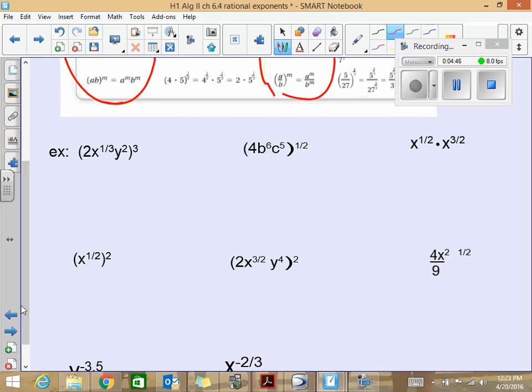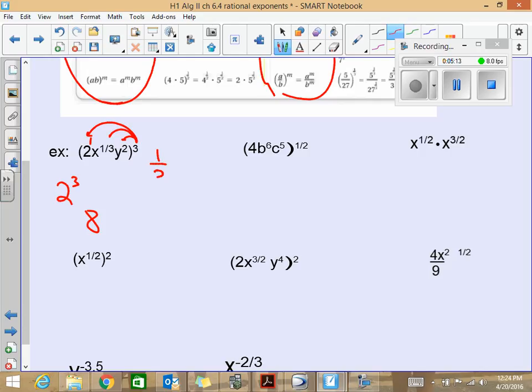For example, this first one is power to a power. Using exponent rules, we're basically going to distribute that 3, that power. First we think of that as 2 to the first, so it becomes 2 to the third, which is 8. Now we distribute, taking x to the 1/3 to the 3rd power.